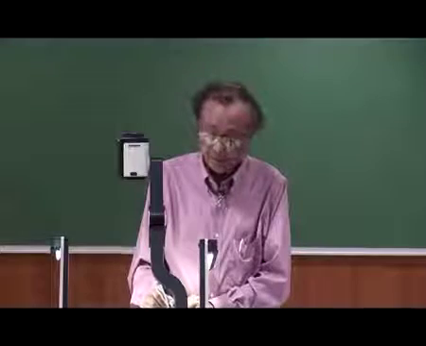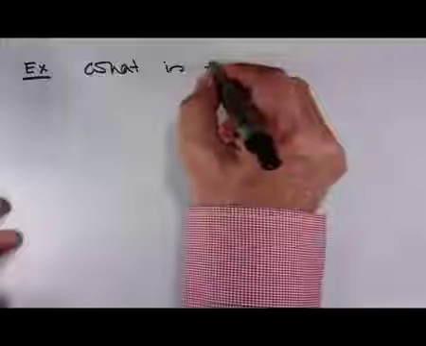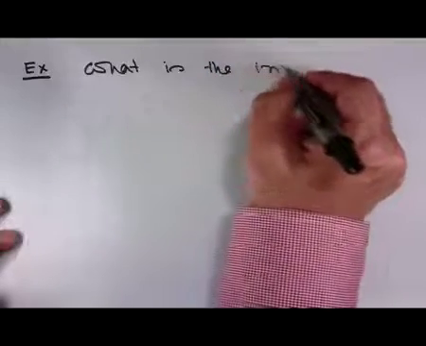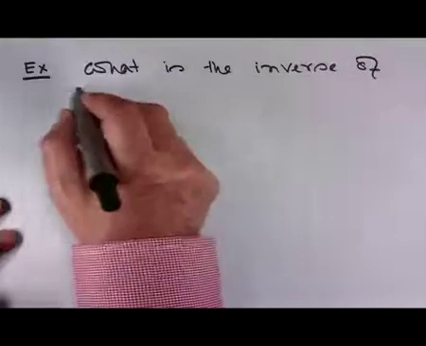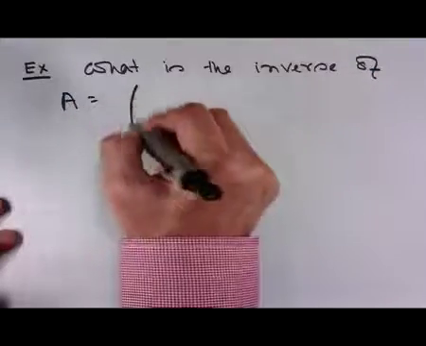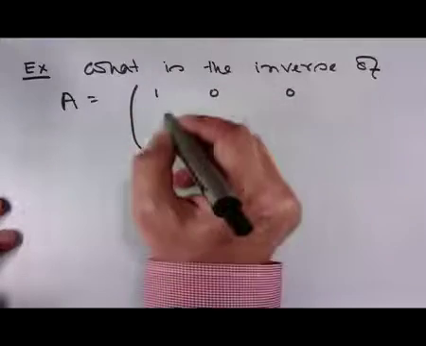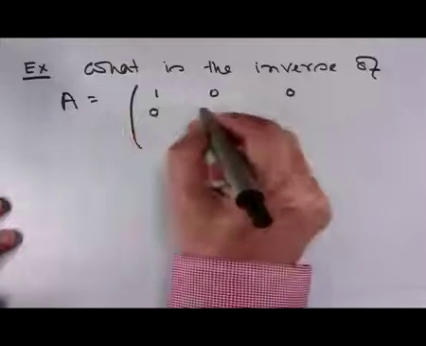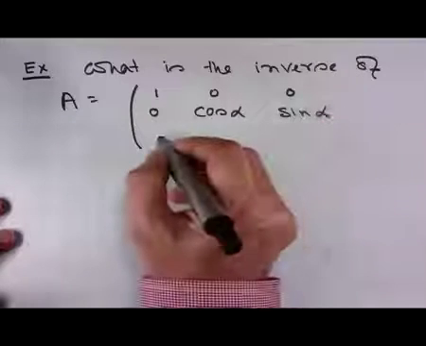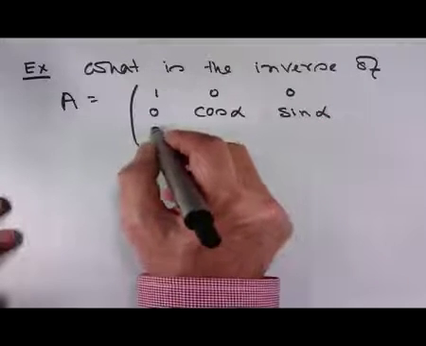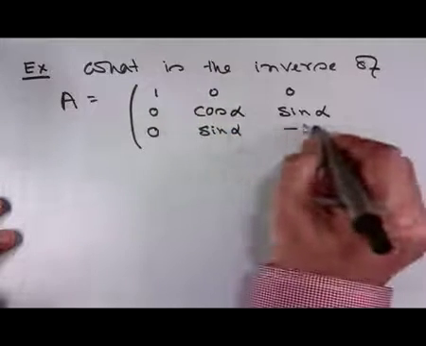Example: what is the inverse of A is equal to 1 0 0, 0 cos alpha sin alpha, and 0 sin alpha minus cos alpha.